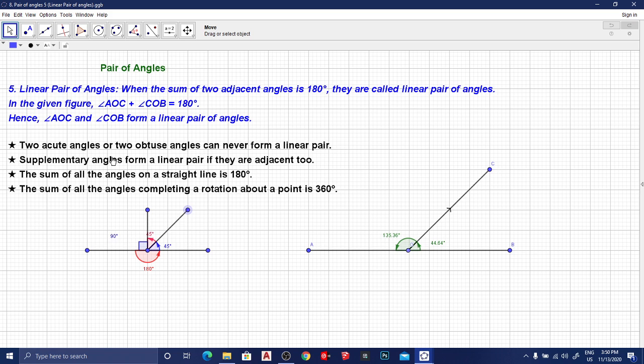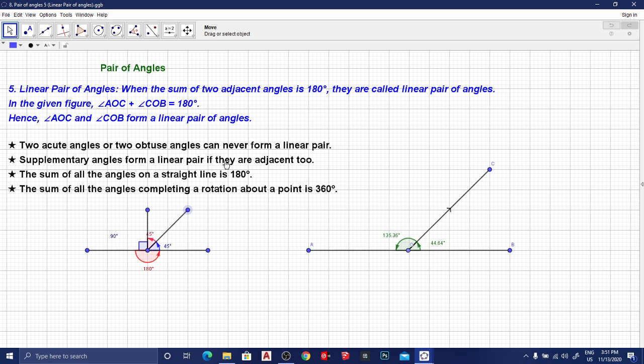Next, supplementary angles form a linear pair if they are adjacent. Okay, supplementary angles means these two angles, the sum of the two angles is 180 degrees, and if they are adjacent also, they will form a linear pair.